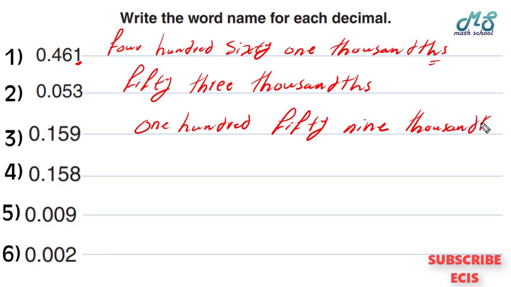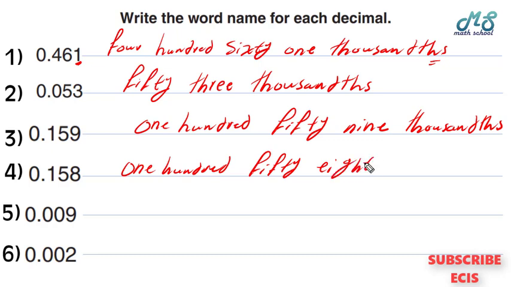Because we have 3 decimal places. 158 thousandths, just write 158 thousandths with THS by the same way.